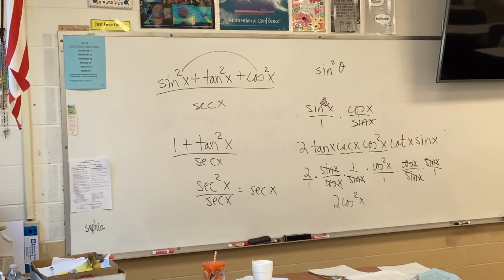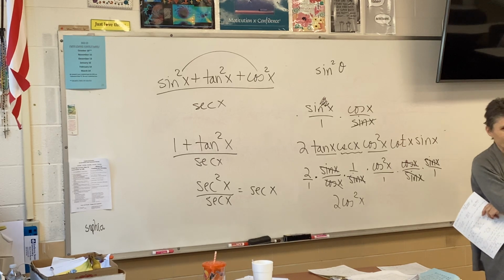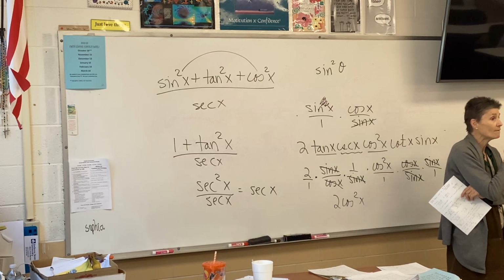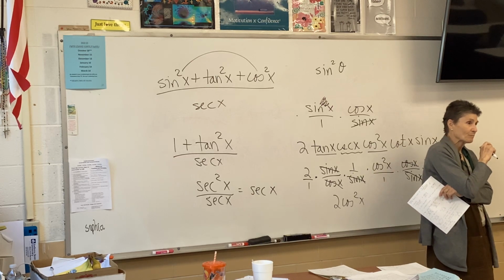Now this one's a little tricky. One of them's easy, one of them's a little harder. Can you think of 2 ways to express tangent? Sine over cosine. That is the most obvious. It's on your sheet. But what else do we know about tangent? It's 1 over cotangent, the reciprocal of cotangent.